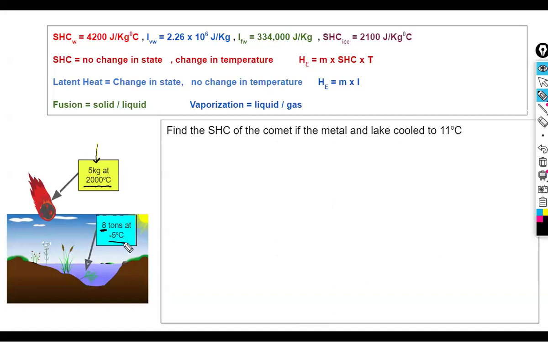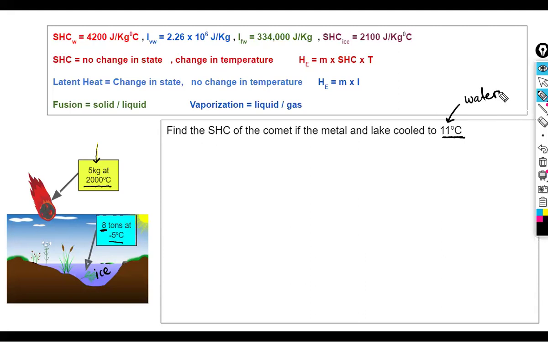Now, this question is going to be different. Let me explain why. If something starts off at -5 degrees, that means initially it was ice. And then everything cooled down to 11 degrees Celsius. So that means the comet and the lake reached 11 degrees Celsius. 11 degrees Celsius is liquid water.